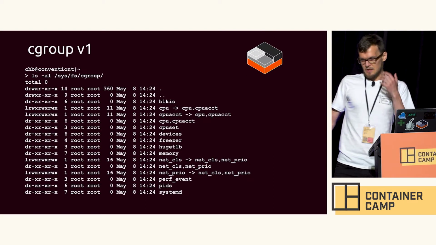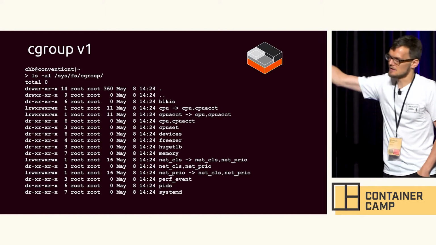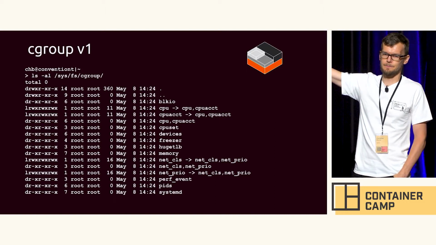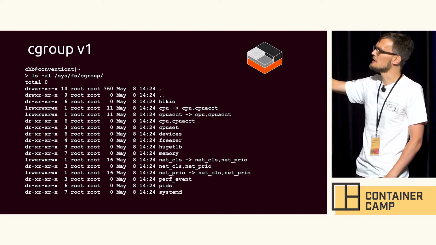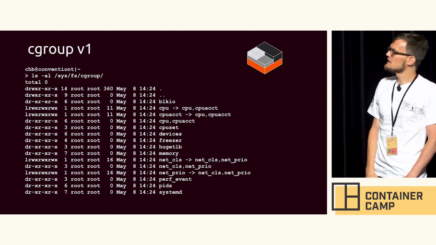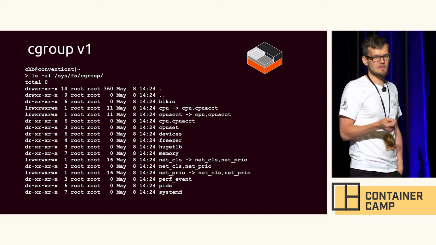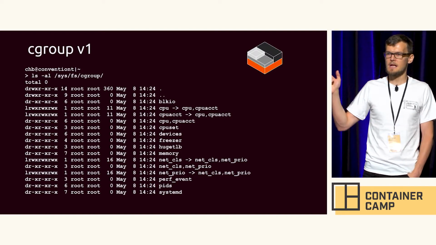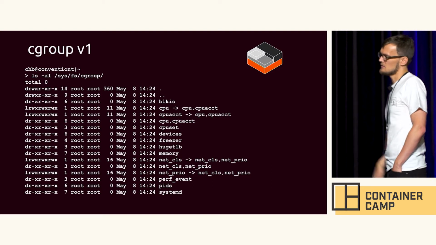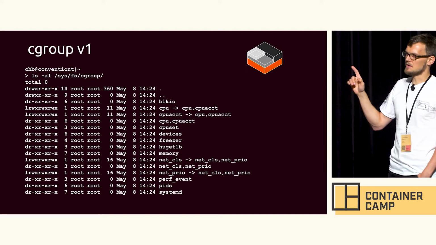So Cgroup v1, you have seen a bit about this yesterday, usually looks like this, where this is the mount layout for the Cgroup file system. Meaning it's usually the v1 hierarchy, or now called legacy hierarchy, is usually mounted at sysfs cgroup, and all of the controllers I referred to before, like memory, PIDs, CPU set, are usually mounted into separate hierarchies. So all of these directories you're seeing right now are actually separate mount points on the Cgroup legacy hierarchy.